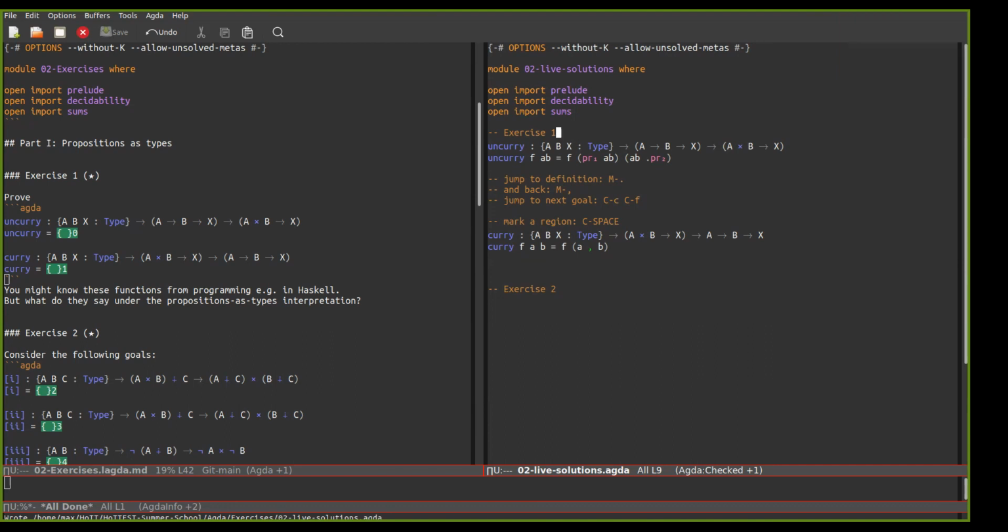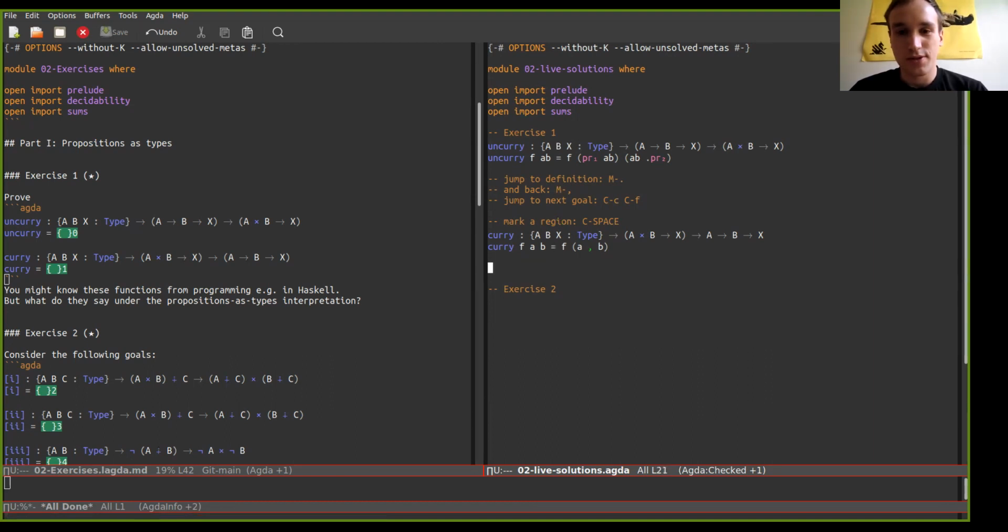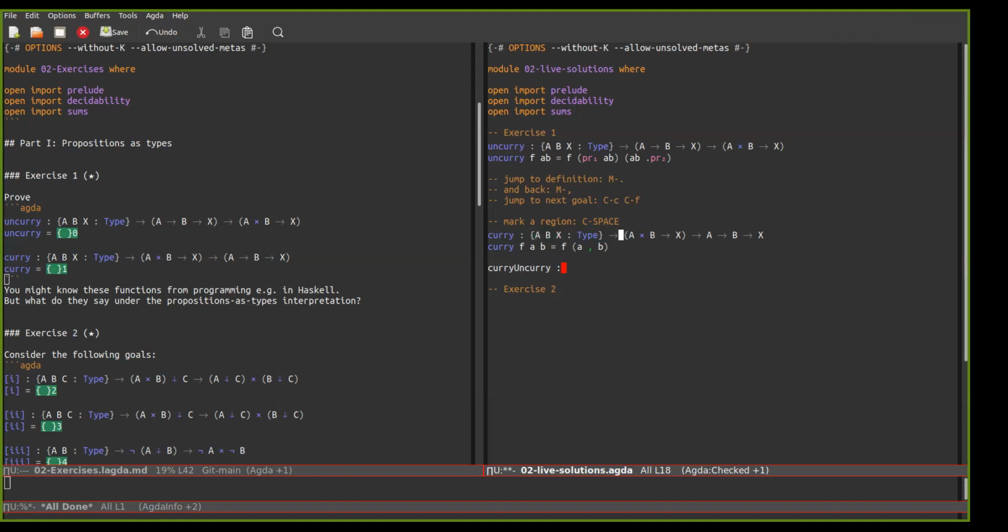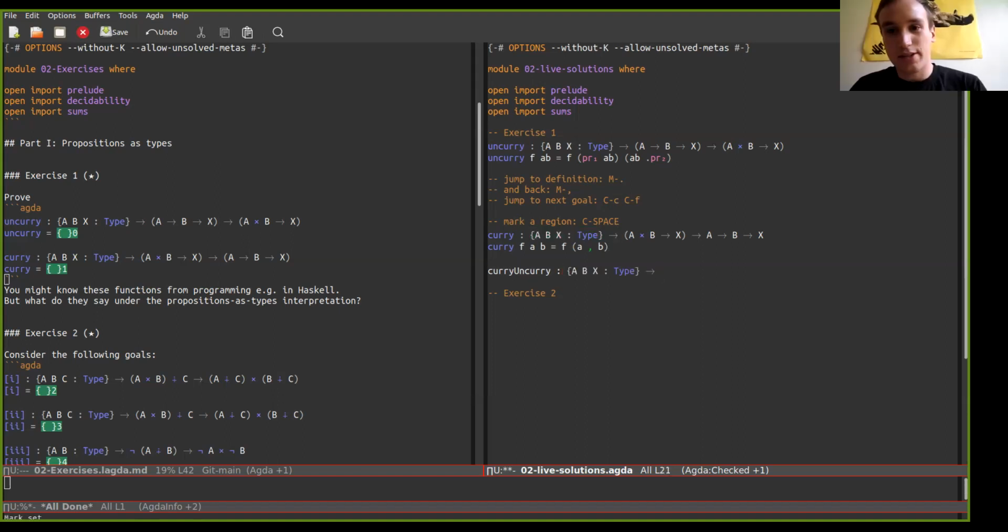Exactly. So maybe you can write something like curry-uncurry, which tells you that for all A, B, and X, let's be a bit faster here.